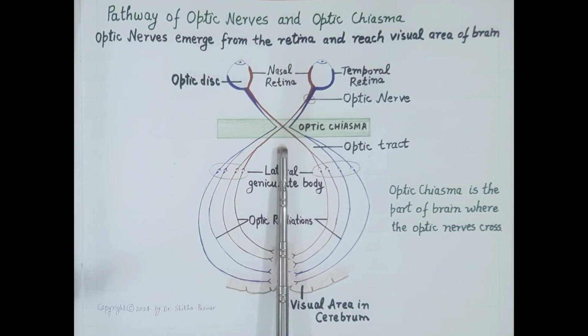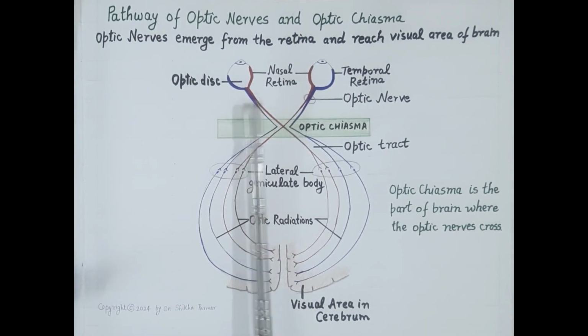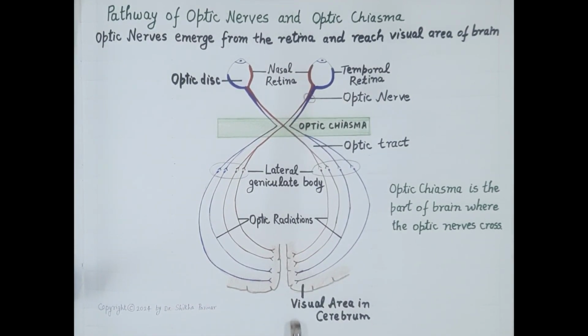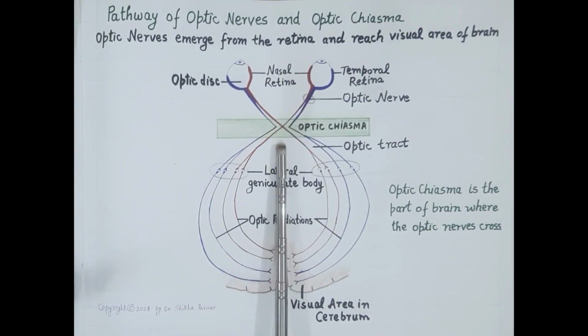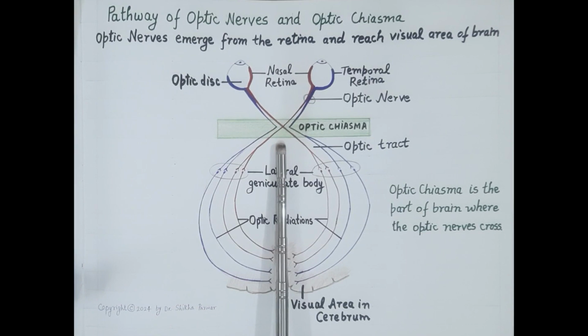Because of this crossing over of the nerve fibers, each of these optic nerve pathways carries information from both the eyes, that is the right eye as well as the left eye, to the visual area of the cerebrum. This crossing over, or optic chiasm, gives us binocular or 3D vision with both the eyes, and therefore we see a three-dimensional view of every object, and we can easily judge speed and distance.